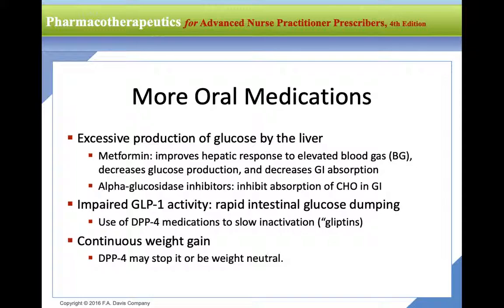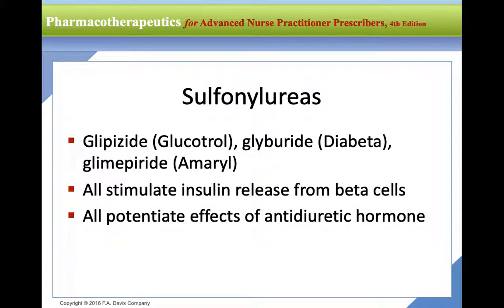So we can either treat impaired GLP-1 activity by giving more GLP-1, so that the patient's normal DPP-4 breakdown is inconsequential, or we can inhibit DPP-4 so that the patient's natural GLP-1 can take effect. And we'll talk a little bit more about that when we get to those slides.